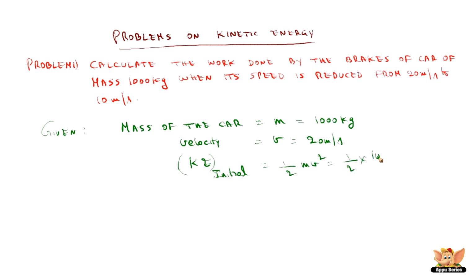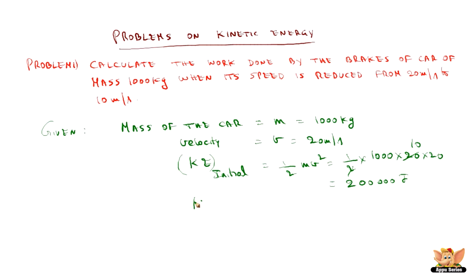Half into m is 1000 and v is 20. So 20 into 20, so this becomes 200,000 joules. Now what is the kinetic energy when the final velocity is given as 10 meters per second?